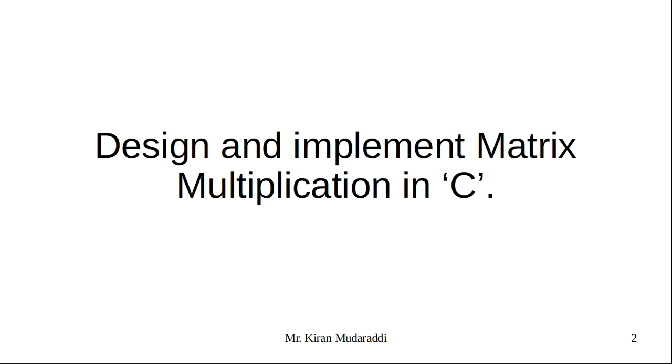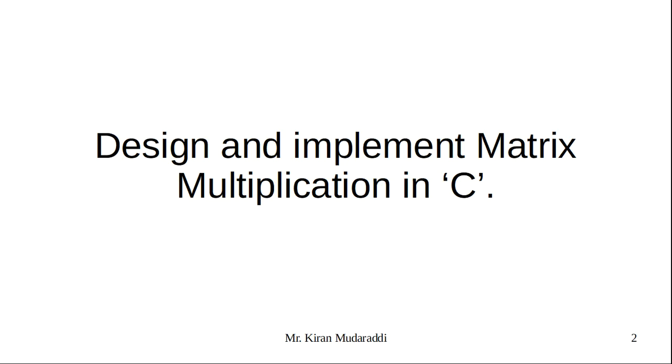So first we need to understand what matrix multiplication is, how it can be done mathematically, write an algorithm for that, and convert the algorithm into a C program. That is the objective of this particular problem.